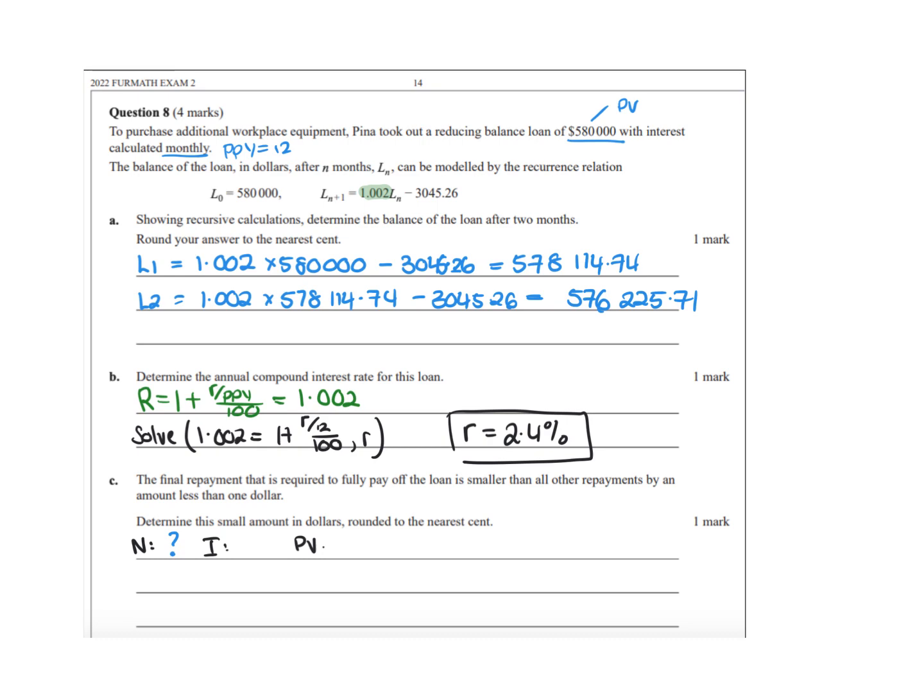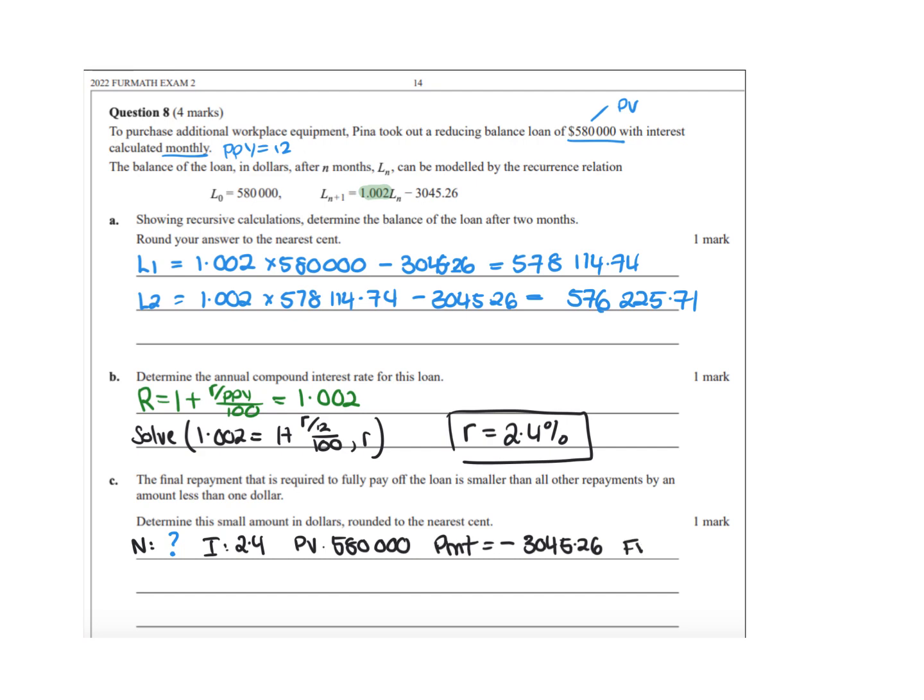So if I do that, the interest rate we just worked out was 2.4. PV, we know he invested because that's the loan. This was a loan. So that's a positive. We know that payments, we can see from the recurrence relation, he's making negative 345.26.